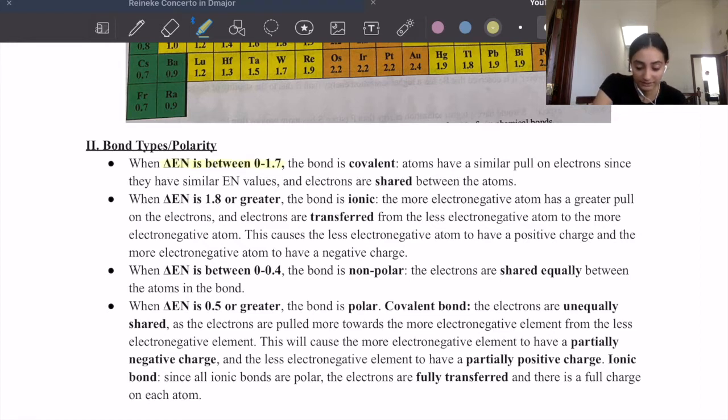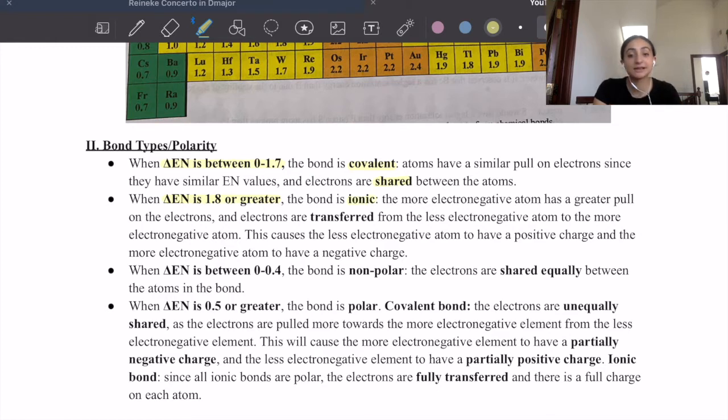So if your difference in electronegativity value between the two atoms is 0 to 1.7, the bond between the two atoms is covalent. And this means that atoms have a similar pull on electrons, so the electrons are not transferred, they are shared between the two atoms. And when the electronegativity change is 1.8 or greater, this means the bond type is ionic.